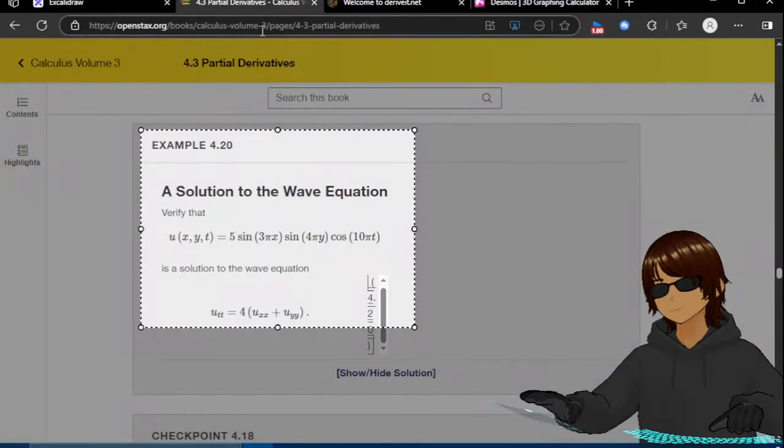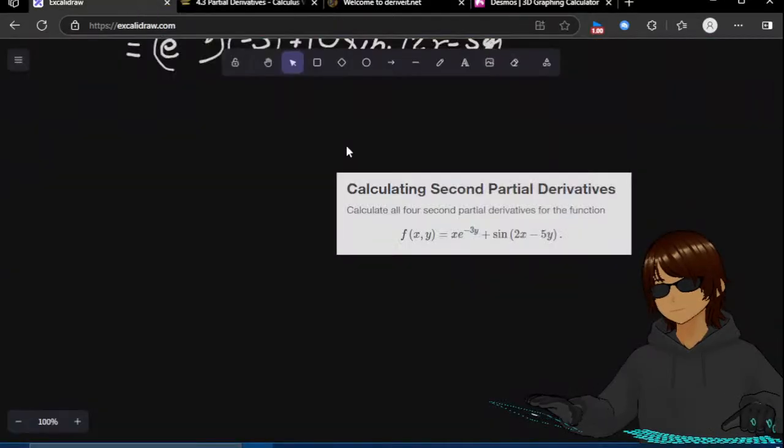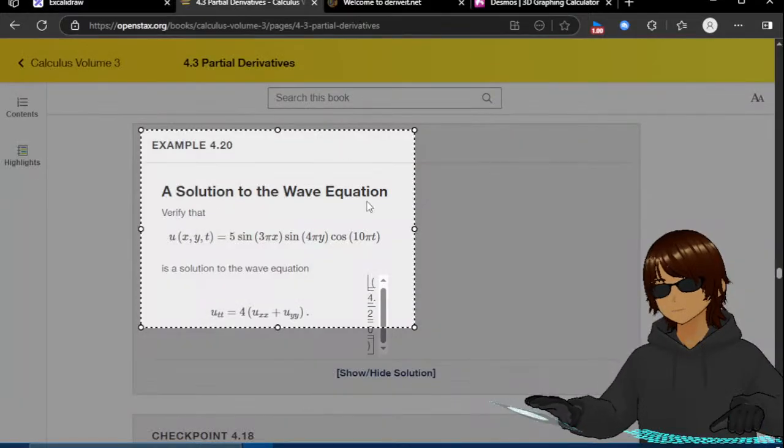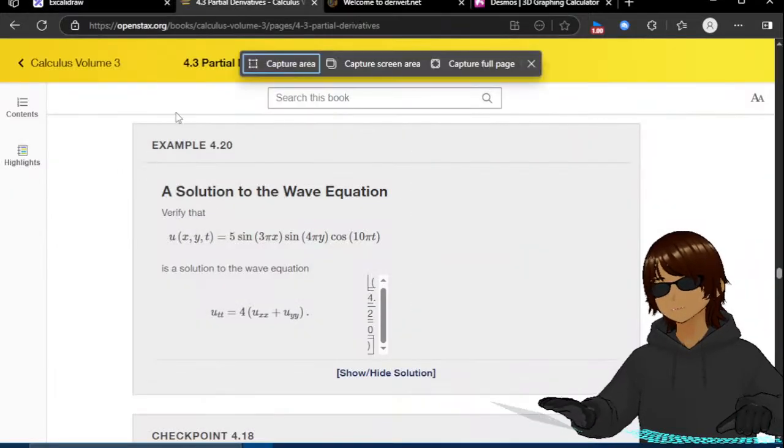This is wrong, I don't know why it doesn't copy properly.